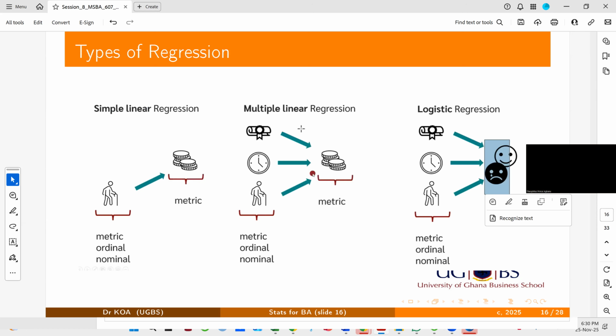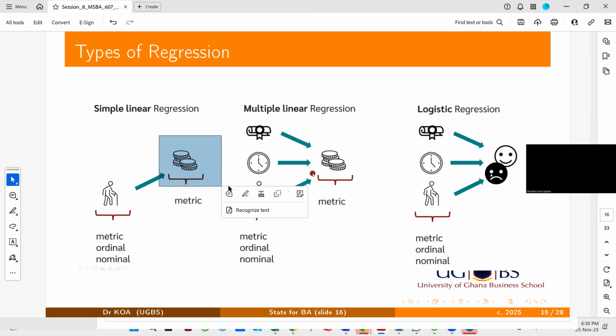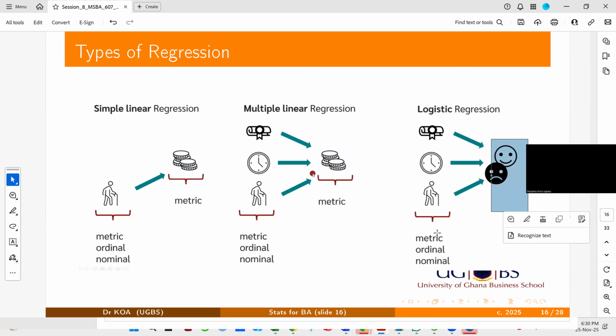Unlike in a multiple regression or simple regression, the dependent variable is metric. For example, you want to predict the probability that somebody will default or somebody will have cancer or will not have cancer. You use a logistic regression.